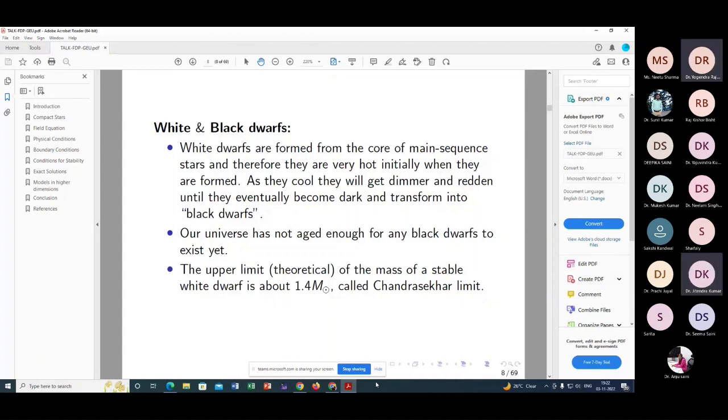After the degenerate star's mass grows sufficiently, that is, when its radius shrinks to only a few thousand kilometers, the mass will approach the Chandrasekhar limit. The Chandrasekhar limit says that if the mass of any star is less than or equal to 1.4 solar masses, those stars are categorized as white dwarf stars.